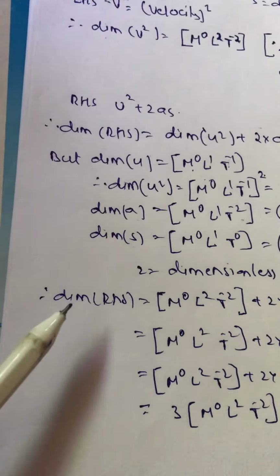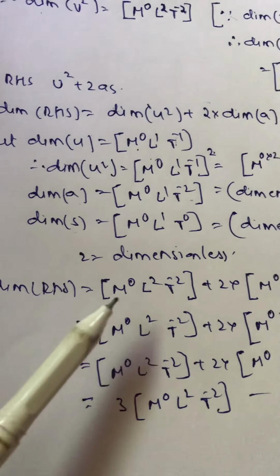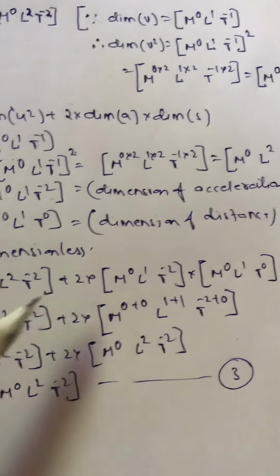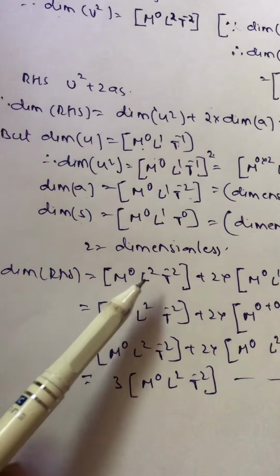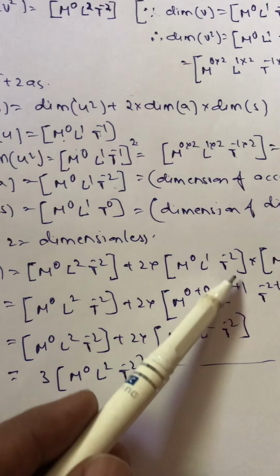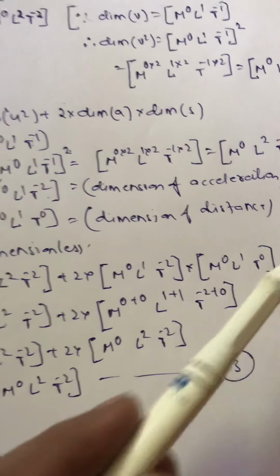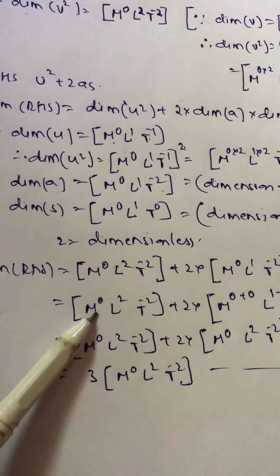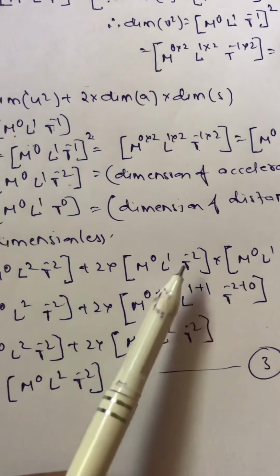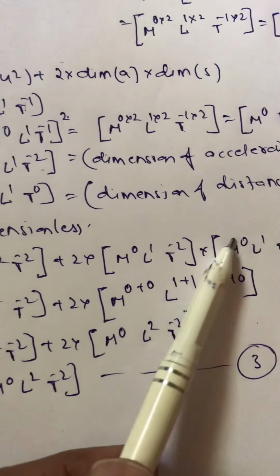Therefore dimension of RHS will be equal to, you put in these values now, whatever you got in this equation and this equation: M^0 L^2 T^-2 plus 2 into M^0 L^1 T^-2 into M^0 L^1 T^0. That will be equal to M^0 L^2 T^-2 plus 2 into, when there is a multiplication, you will have to add the indices.